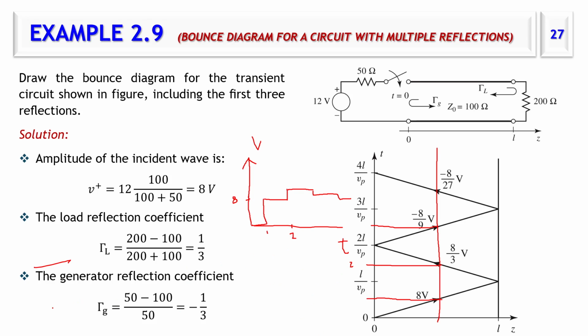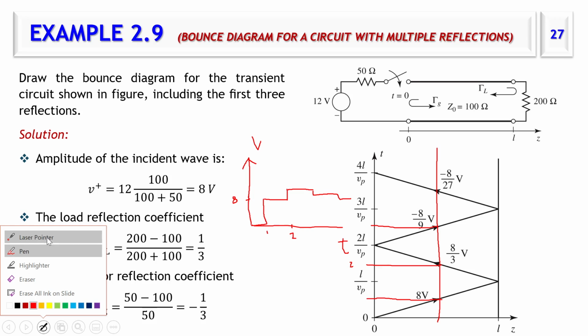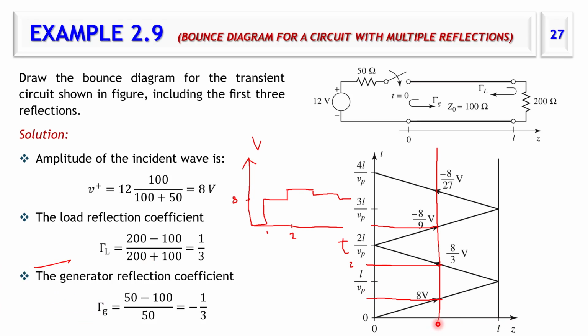So at the beginning it starts at 8 plus 8 over 3 minus 8 over 9 minus 8 over 72. So this is the transient of any selected point. So you can select this point, that point, and draw the transient of the signal on this transmission line.